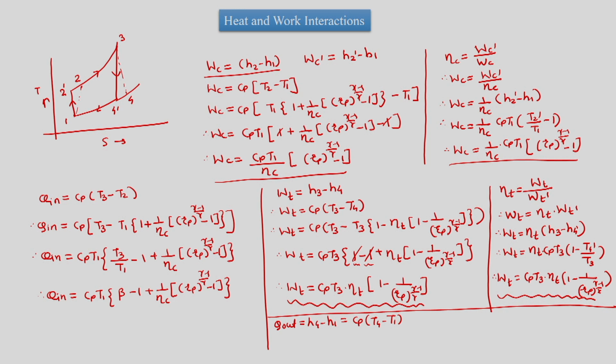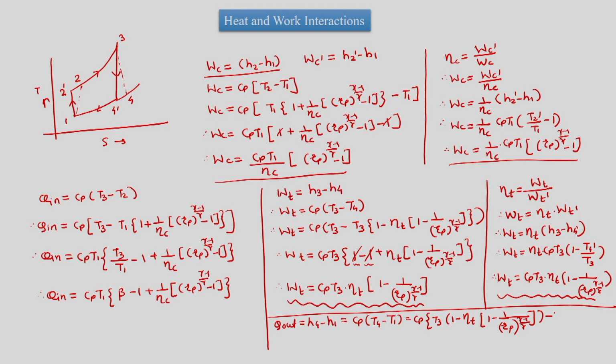T4 was equal to T3 into 1 minus turbine efficiency into 1 minus 1 upon Rp raised to gamma minus 1 upon gamma, and then we have all the brackets complete.